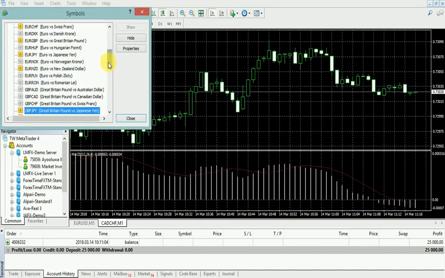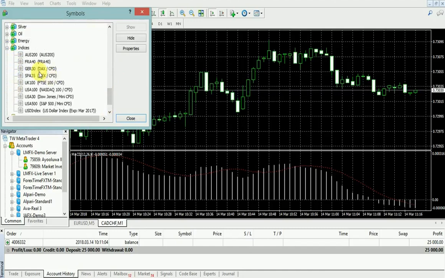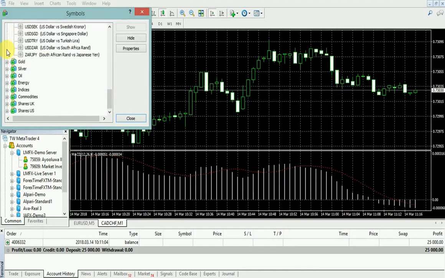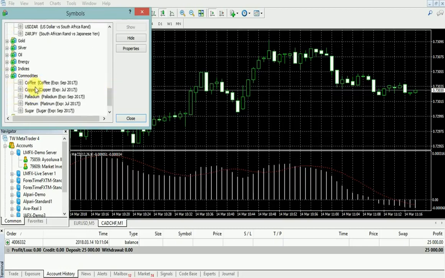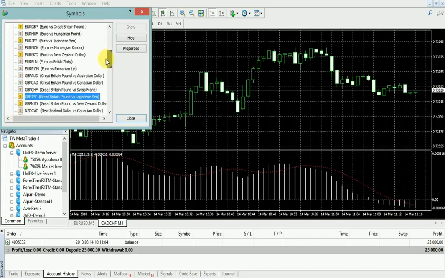So here you have all currency pairs, different commodities, gold, silver, oil, energy, different indices, and then you have other commodities as well, coffee, copper, palladium, and as much as you want. So this is where you get to see every currency pair, everything you can trade upon. They are called instruments or symbols.